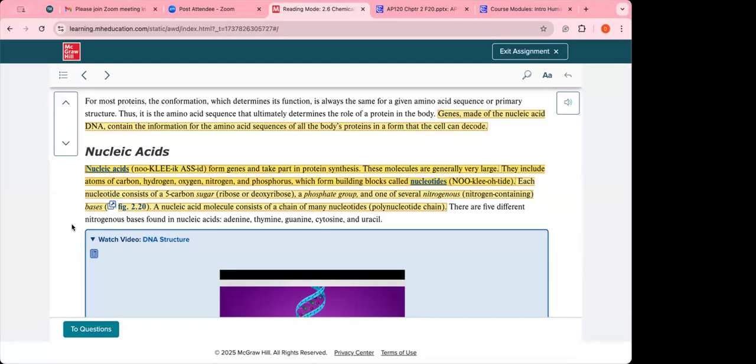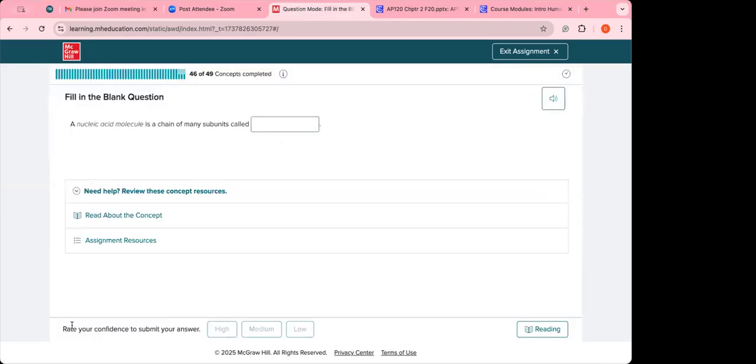So let's go back. A nucleic acid molecule is a chain of many subunits called what?